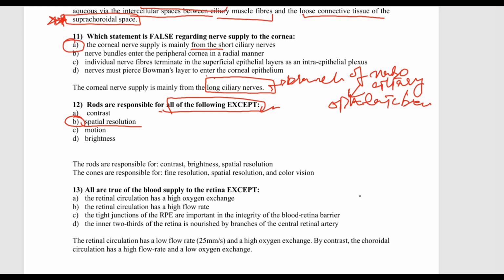The rods are responsible for contrast, brightness, and a small amount of spatial resolution, but mainly it is the function of cones. Cones are responsible for fine resolution. Okay, remember spatial resolution, color vision. Remember this step. The main structure responsible for the resolution are the cones, not the rods.